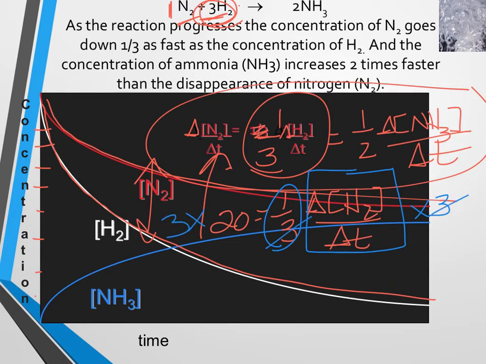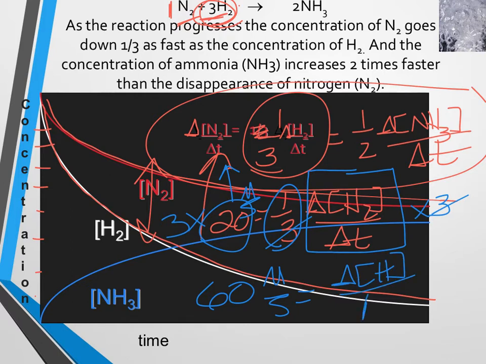And so what that tells you then, if the rate of disappearance of nitrogen is 20 molarity per second, then the rate with respect to hydrogen over time is 60. Okay, 3 times whatever it was for nitrogen. Now, it's probably easier for you at this point to simply look at the balanced reaction and get that math, but that's not always going to be the case. So here's one to practice with on the next slide.